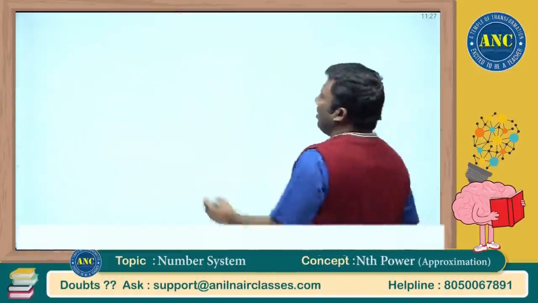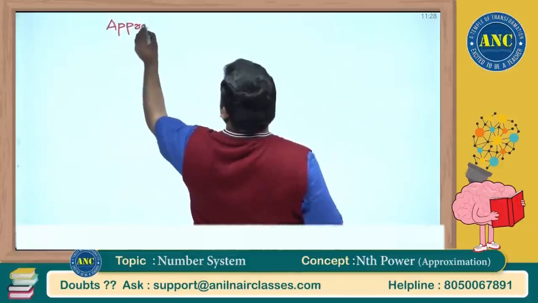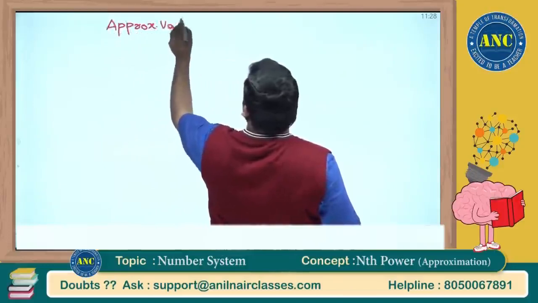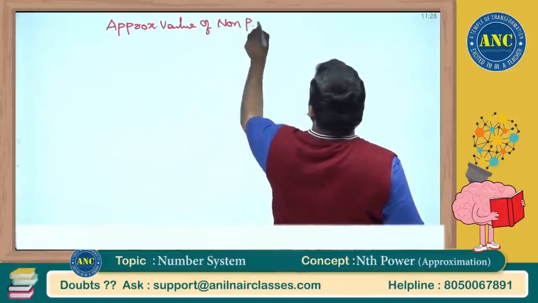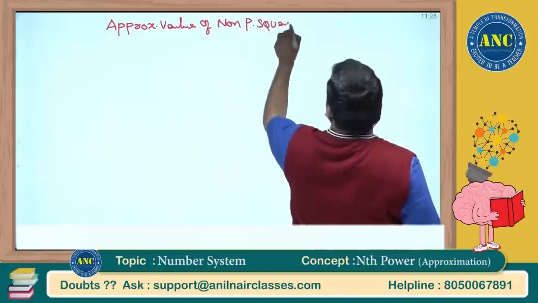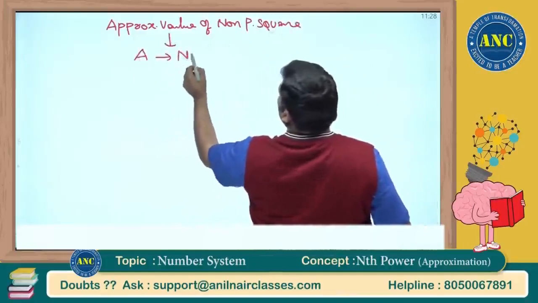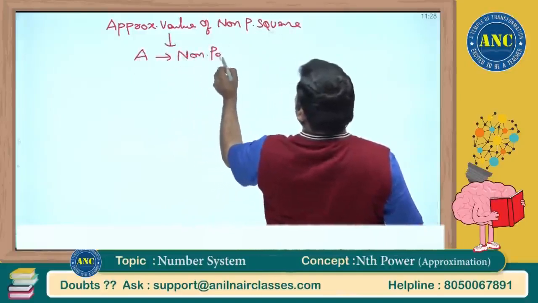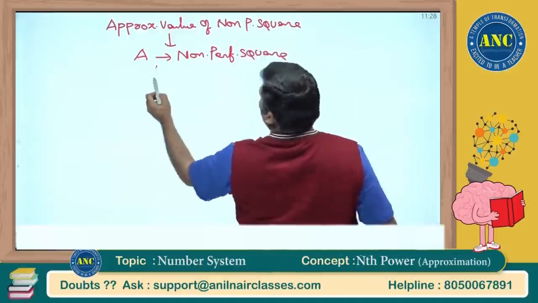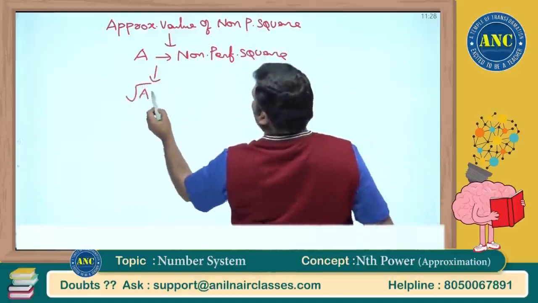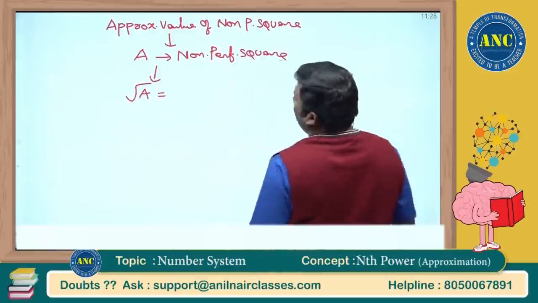Now we will solve multiple problems. So what is the concept? Approximated value of a non-perfect square. If A is a non-perfect square and I want root of A, what will be the answer?